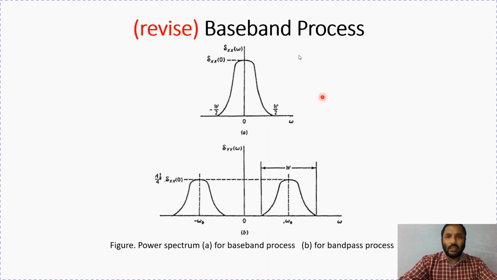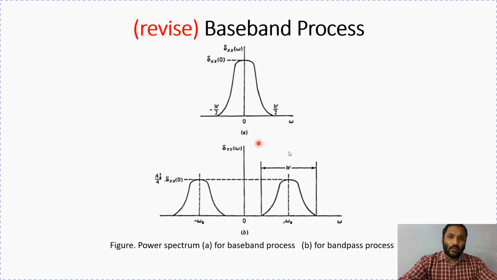So any random process that has this kind of characteristic power density spectrum can be called a baseband process. This is the characteristic of all message signals in communications that we come across.